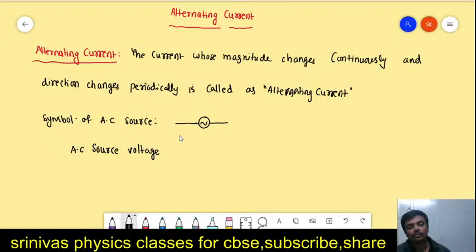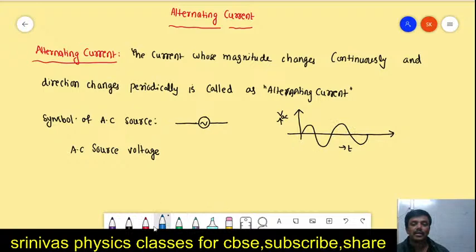If we draw the graph between voltage and time, we will get it like this. For example, AC voltage is taken on the y-axis and time on the x-axis. You will get a sinusoidal graph, like a sine graph.